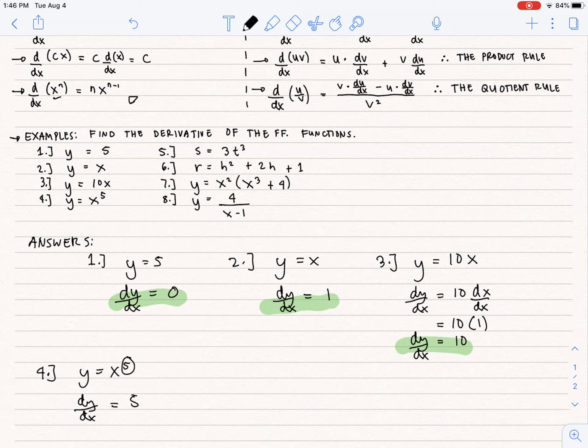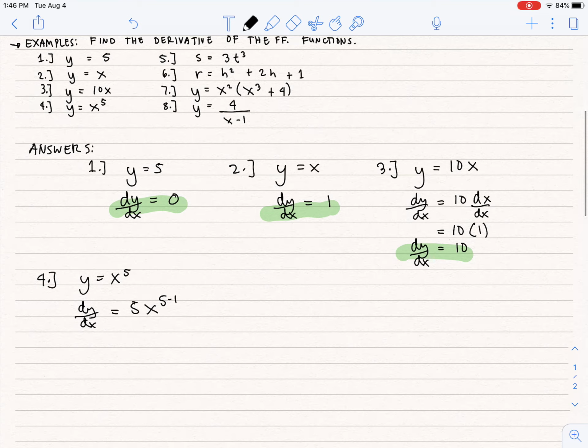Then multiplied by x raised to n minus 1. So n minus 1, in this case, is just 5 minus 1. Okay? So, 5 minus 1. Therefore, the derivative of y with respect to x is just 5 multiplied by x raised to 5 minus 1, which is 4. So, this is the answer.